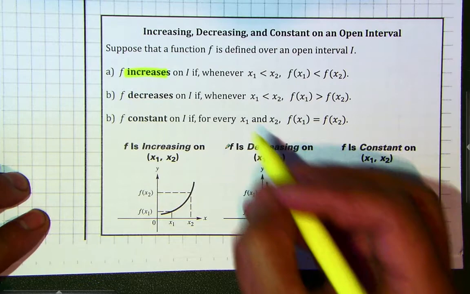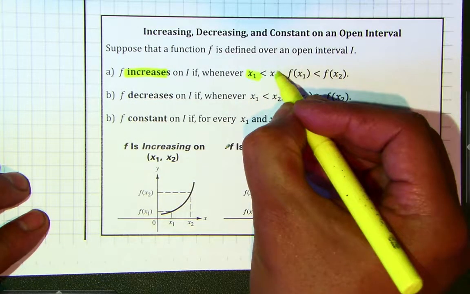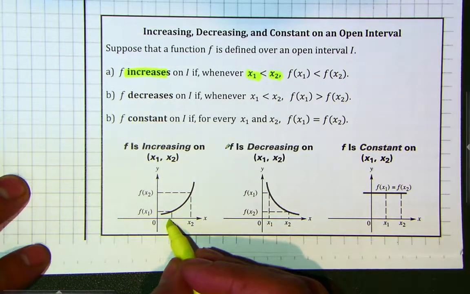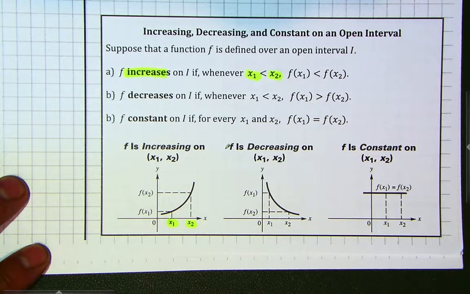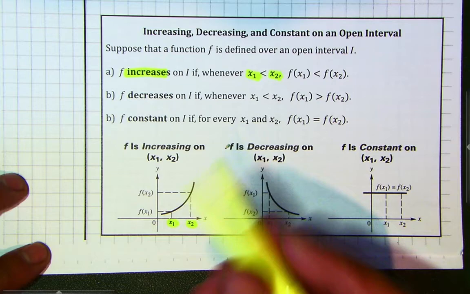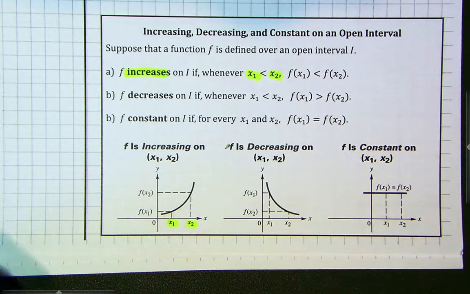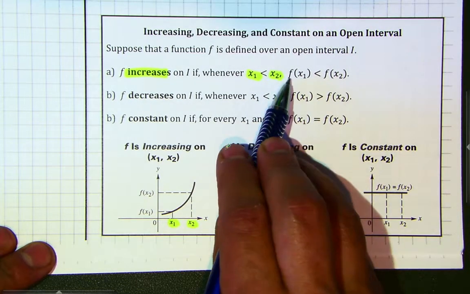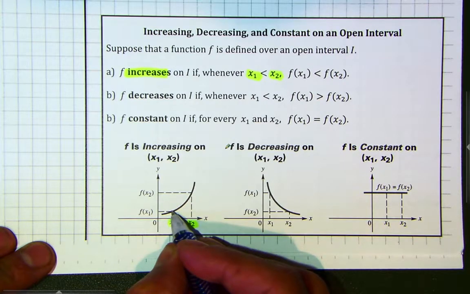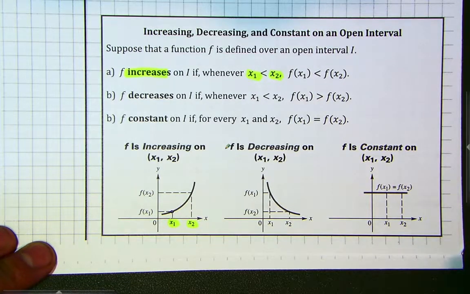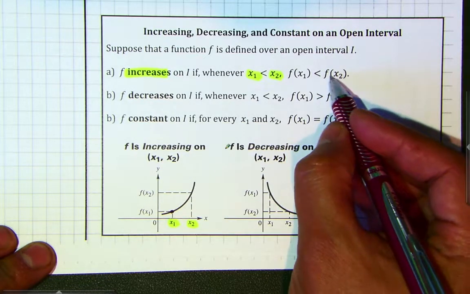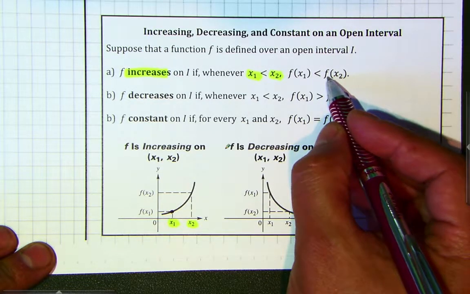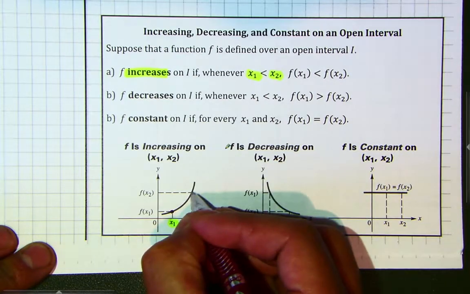Notice that x1 is less than x2, and you have your x1, x2 right over here. If you plug x1 into the function, that gives you this point here, and you plug x2 into the same function, this one here.